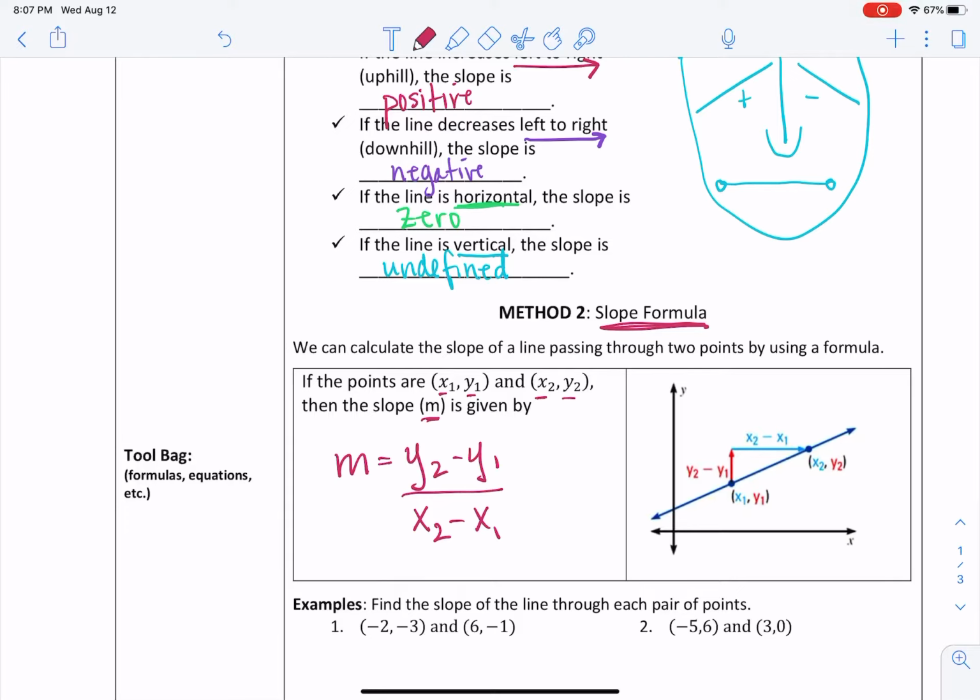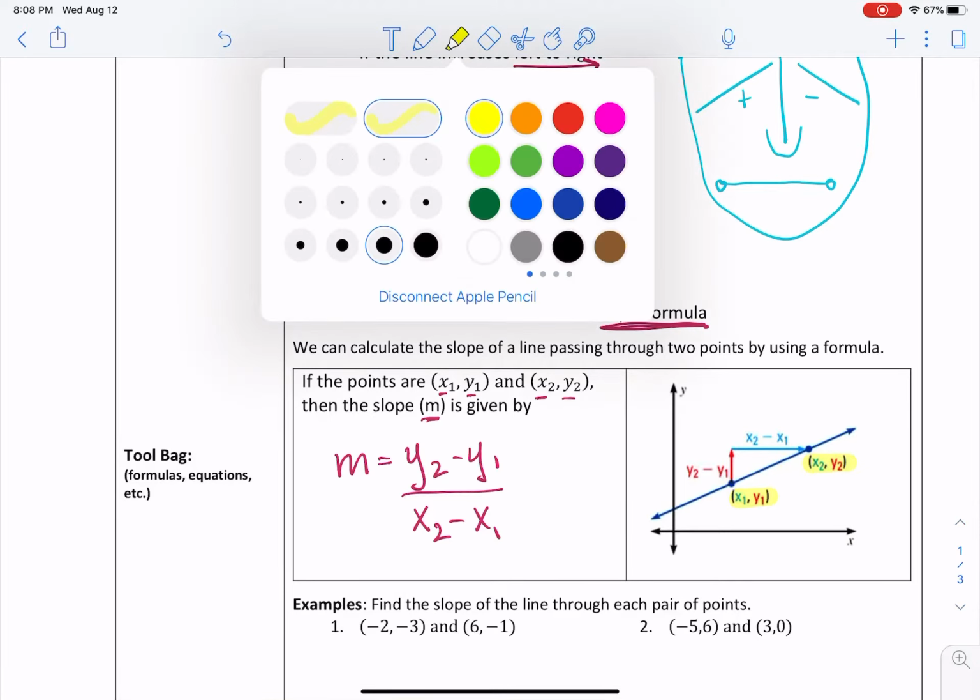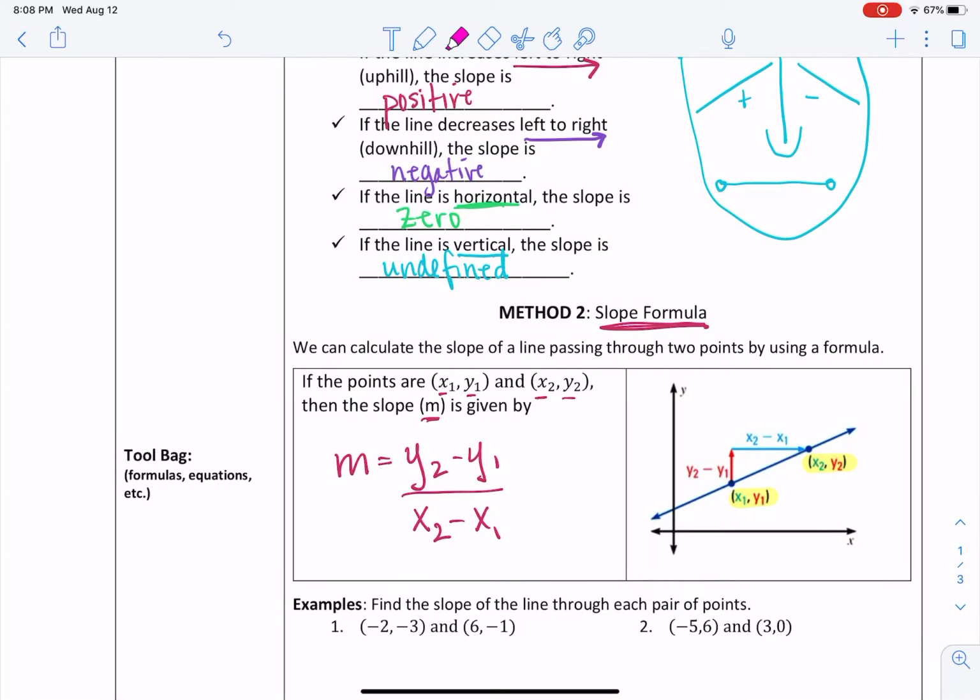As you look at this graph, here are our original 2 points.